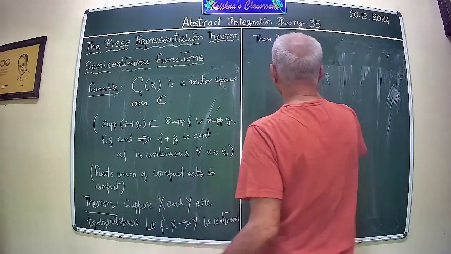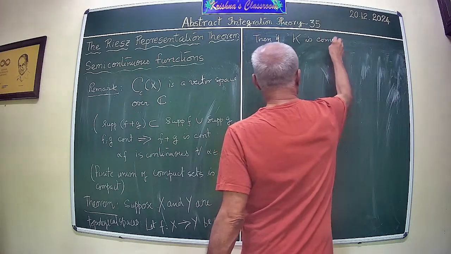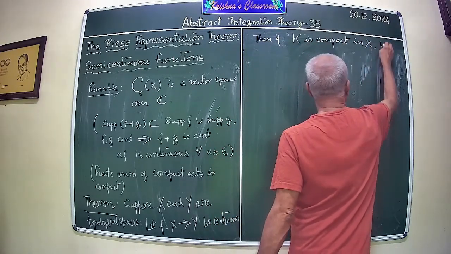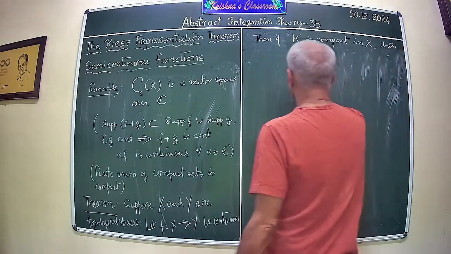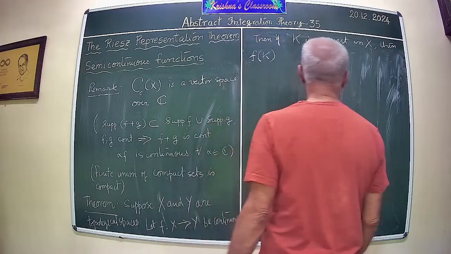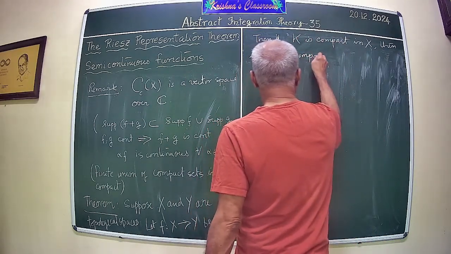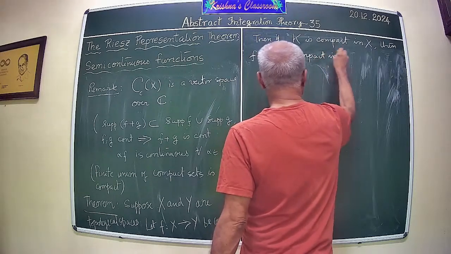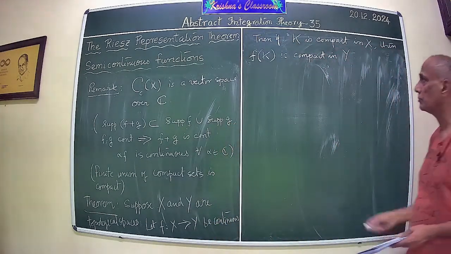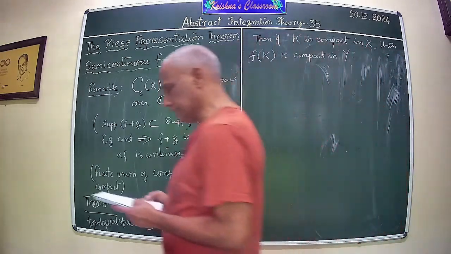That is, if K in X is compact, then f(K), the image of K under f, is compact. This is a useful tool which we shall need someday.